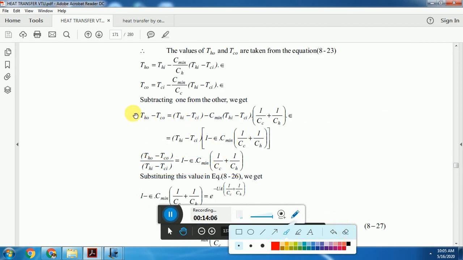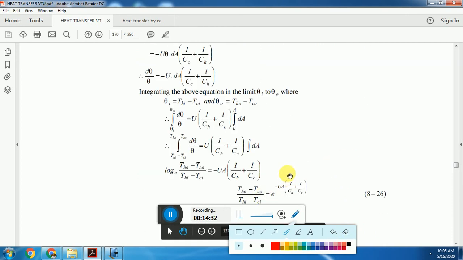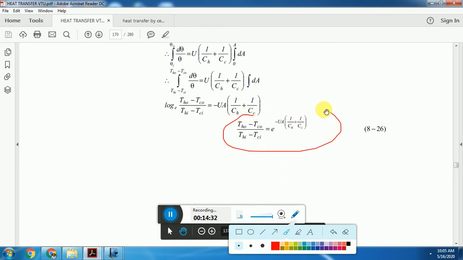Further, subtracting th naught minus tc naught, I will get this one. Further, I will simplify this term to get this term. If I observe this term, as well as equation number 8.26, which we have just derived here, the LHS of these two equations are the same: th naught minus tc naught divided by thi minus tc naught.